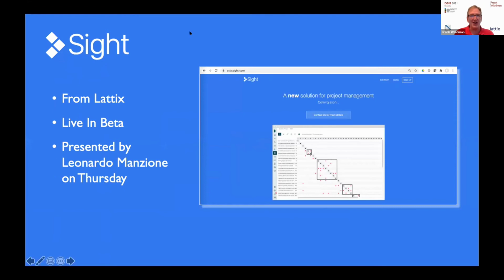All right. So switching over to Site. First thing, I want to mention, it's actually another product from LaTeX. So we have LaTeX the product, and we also have Site the product. And we intended Site to be a really low cost tool for iteration management in projects.